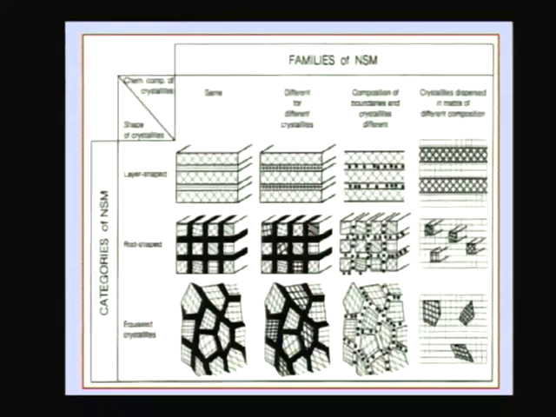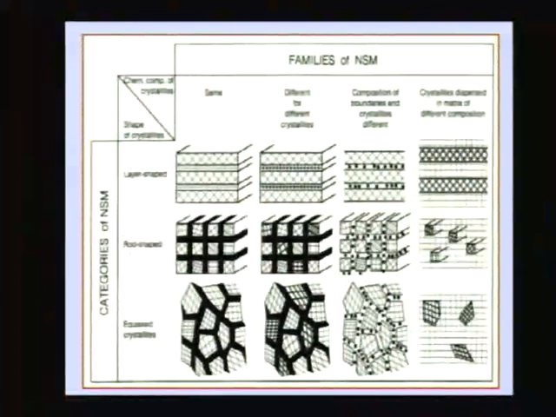But now one can have further classifications depending on whether it is a single phase material or a multi-phase material. For example, as you can see here, if the chemical composition is the same, if you have a 2-phase material, let us say, you can still have layered structures with each layer having the same composition, but they are deposited as a layered structure.